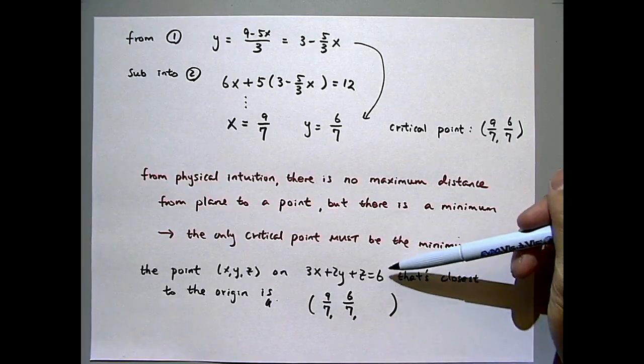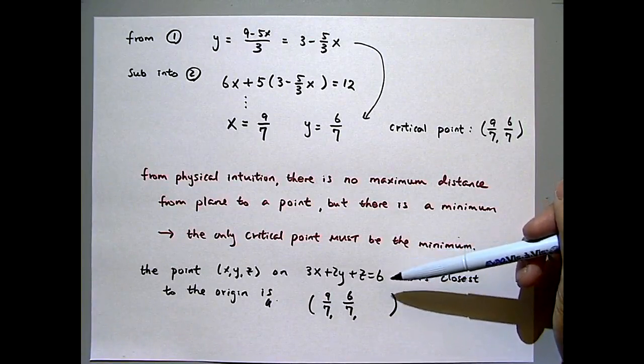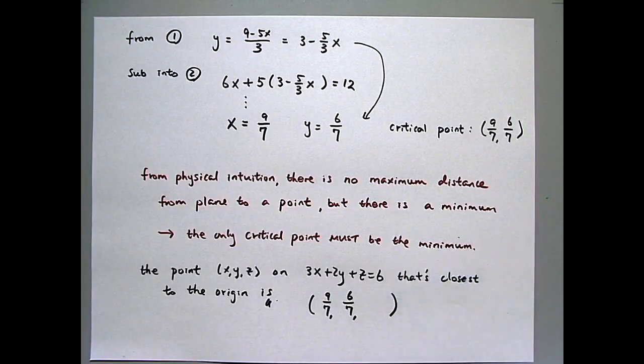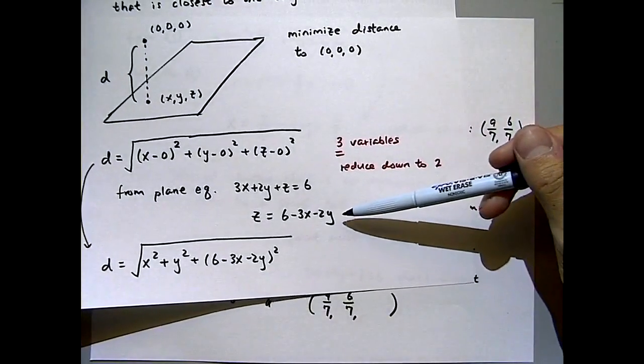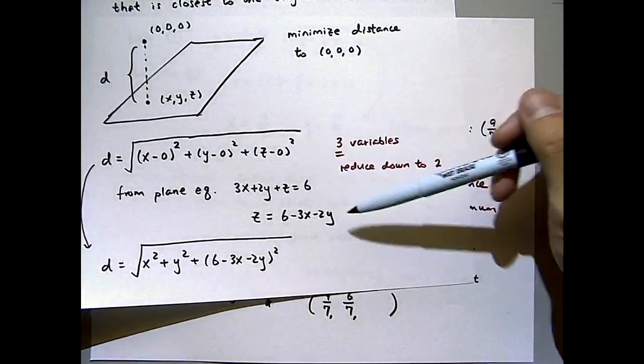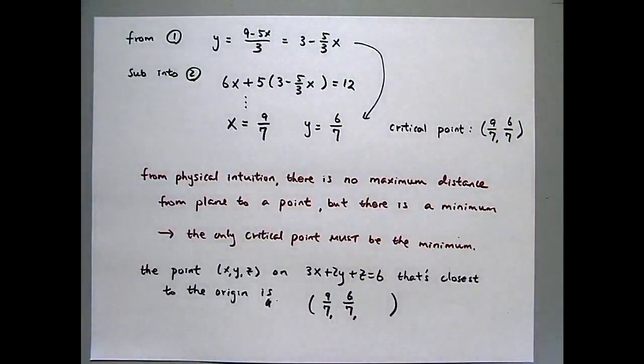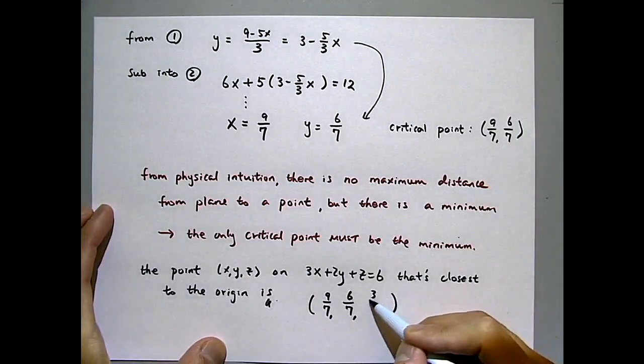But if you have the equation of the plane, you can find z. Or you just have to look back just a little bit to that same equation we used earlier to get rid of z in the distance. However you do it, you should end up getting 3 over 7. Yep, 3 over 7 for z.